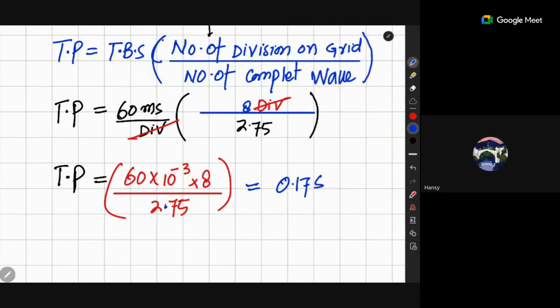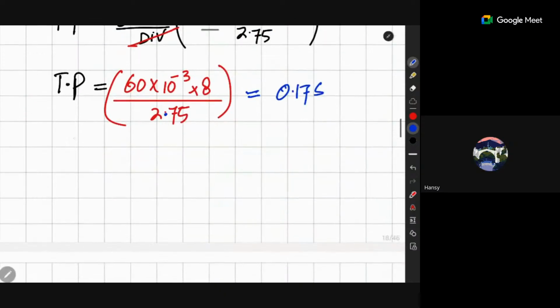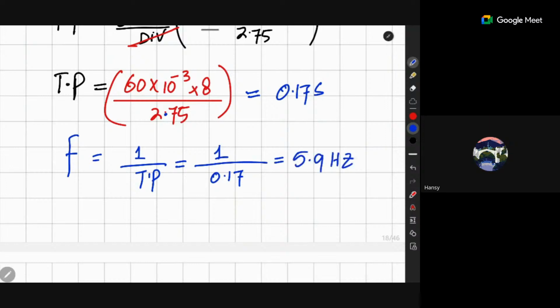Okay. Now you can calculate frequency. The frequency will be equal to 1 upon time period, which is 1 divided by 0.17. So what will you get? 5.9. 5.9 hertz is the frequency of this wave. Is it clear to everyone?